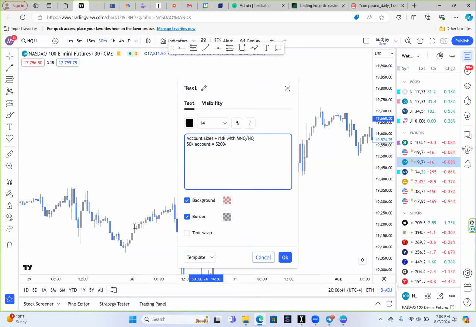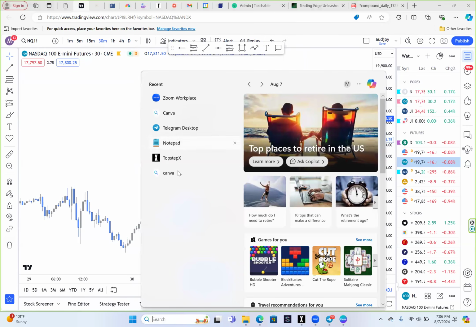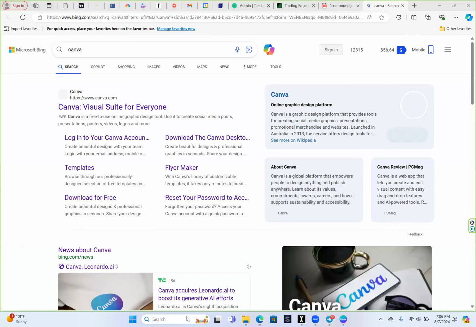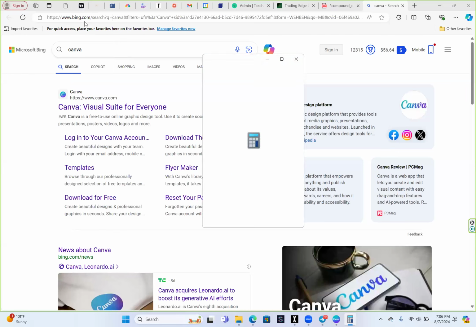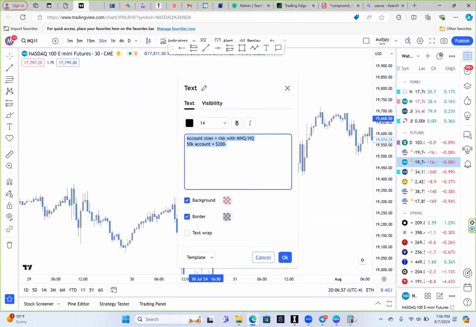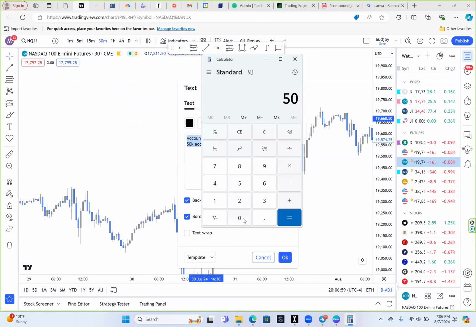So the way you calculate it is actually super easy. Might as well do it on here so you guys can see it. What you're gonna do, you're gonna type in your account balance times 0.5%, and that is 250.